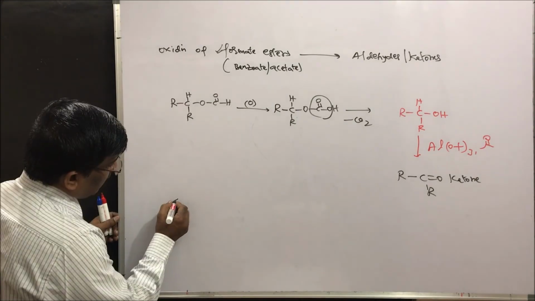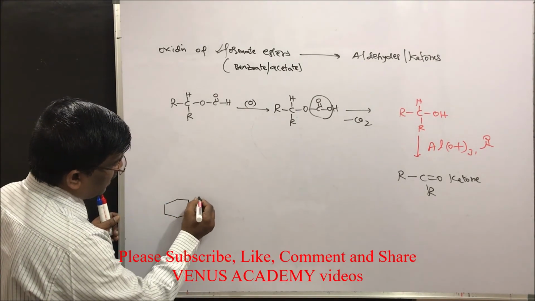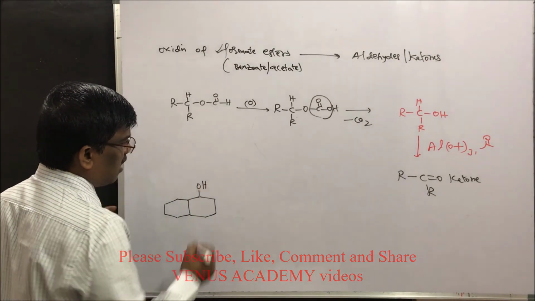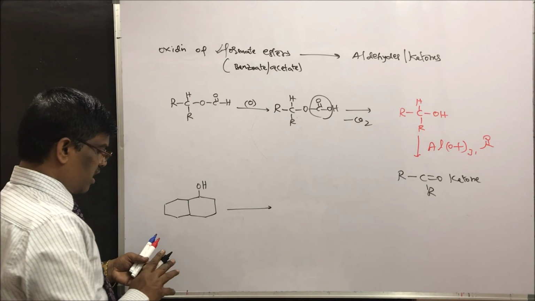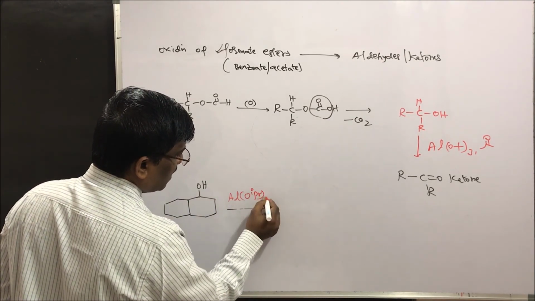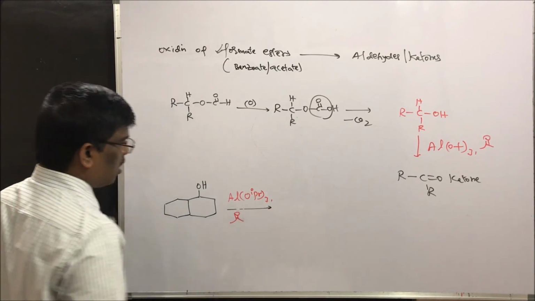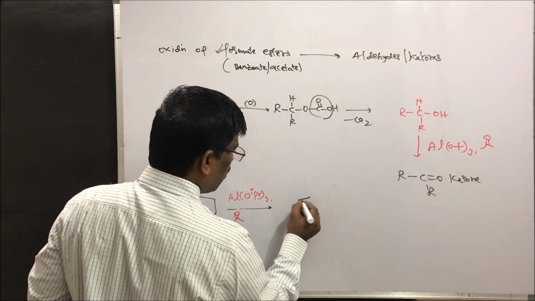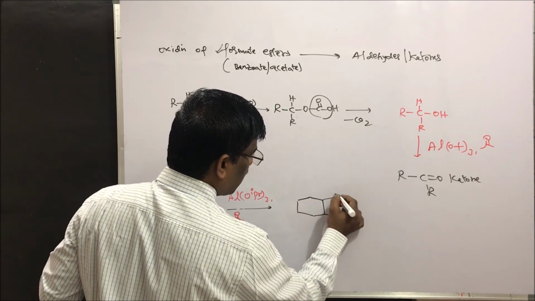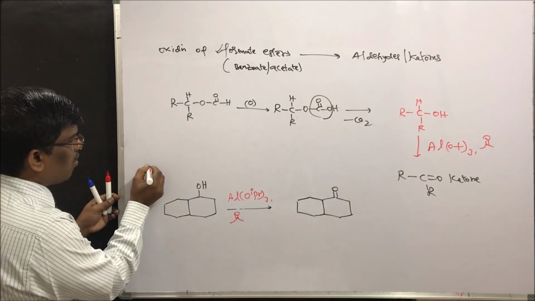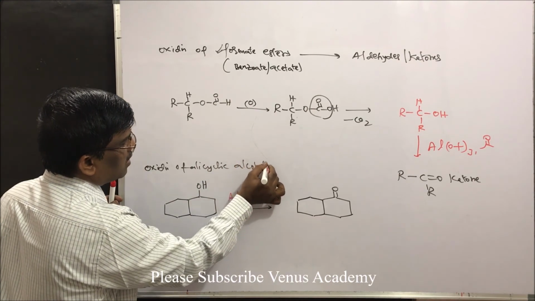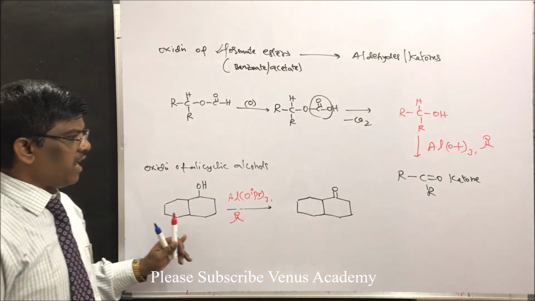Next, let us take oxidation of decanol or alicyclic alcohols. So this is decanol; upon oxidation using aluminum isopropoxide in presence of acetone, I am going to get decanone. This is how oxidation of decanol, or alicyclic alcohols, can be done using the Oppenauer oxidation reaction.